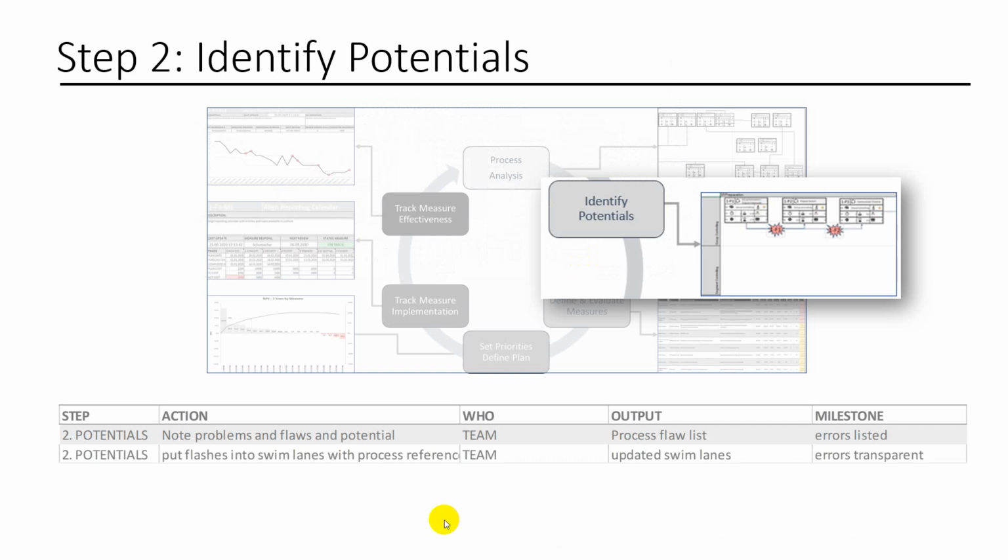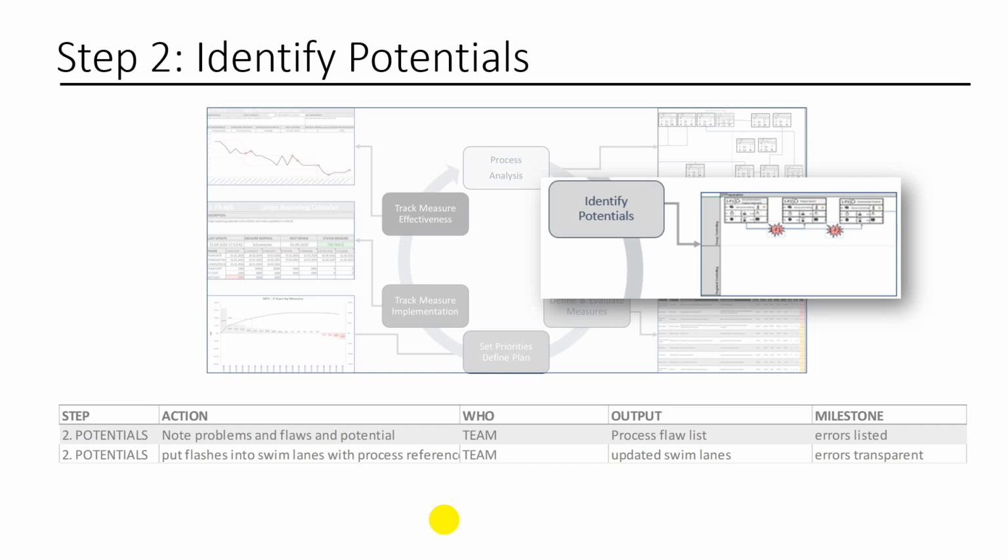From a technical point of view, the operation of the tool in that respect is rather easy and simple. It only consists of two action items. The first one being note the problem or the flaw or the potential, whatever you may name it, into a list that references the problem to a process and a process phase.